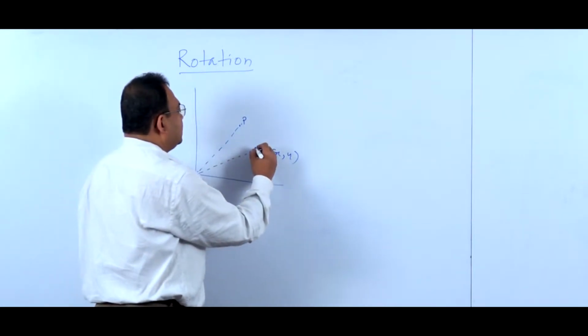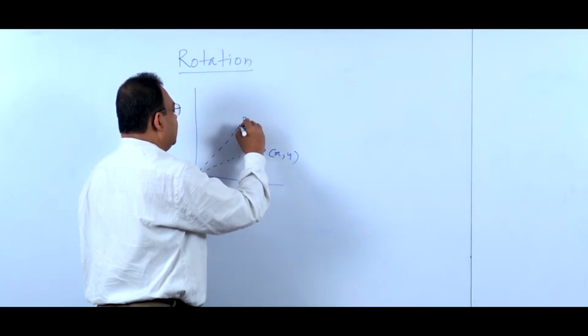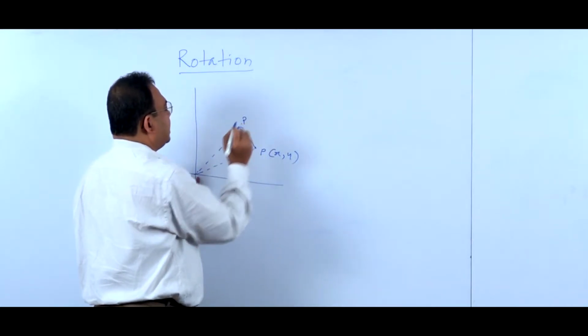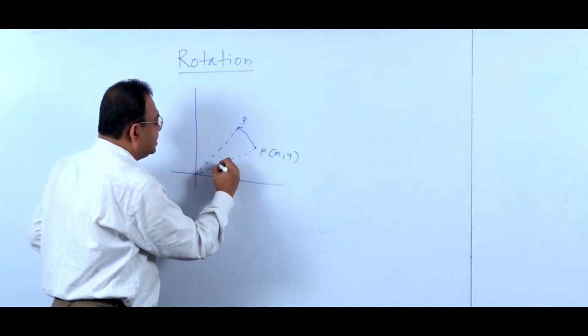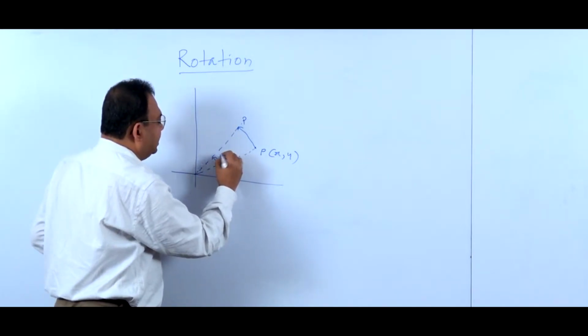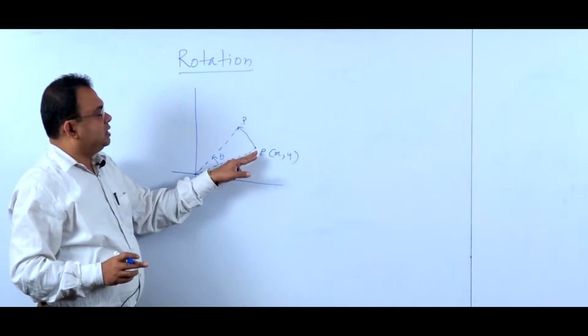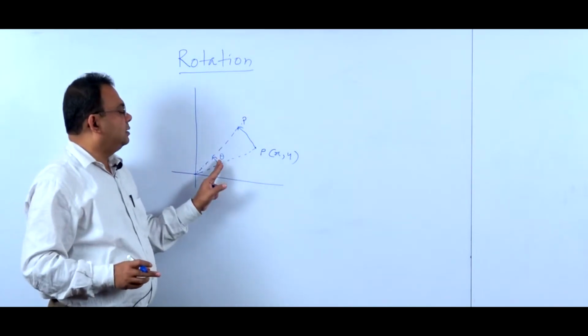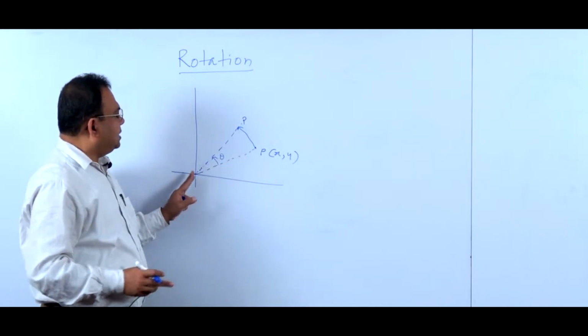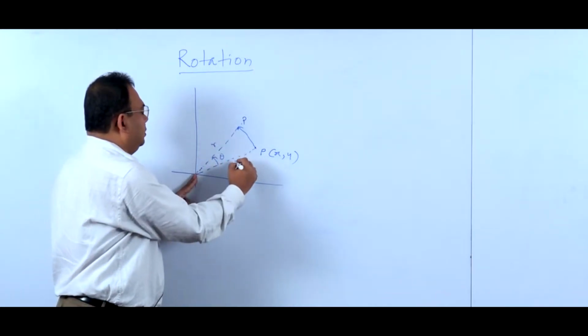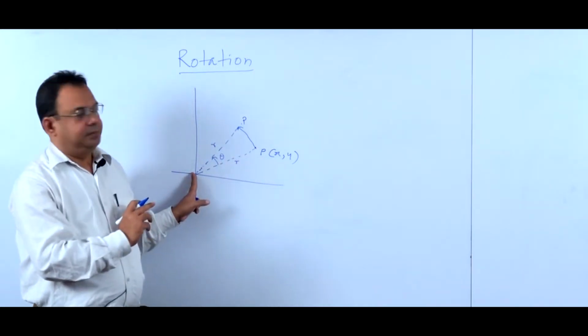So this is the direction, and that direction is specified by that angle theta. That means the object is rotated through an angle theta, in this case anti-clockwise, keeping fixed distance r from this center of rotation.